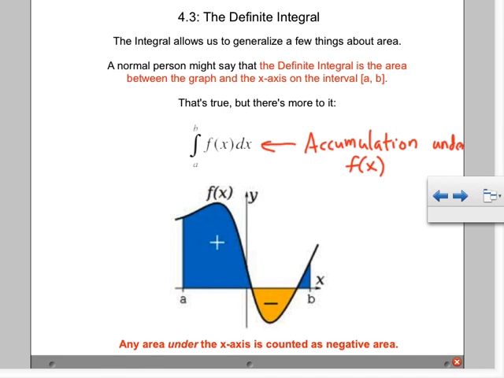If you were to consider the amount of area that's accumulating as I scan from a to b, tell me what's happening to the area, whether it's increasing or decreasing as I scan. What's the area doing right here? Increasing or decreasing? Decreasing. Why do you think the area is decreasing? Because it's going backwards, it's subtracting. f of x is negative.